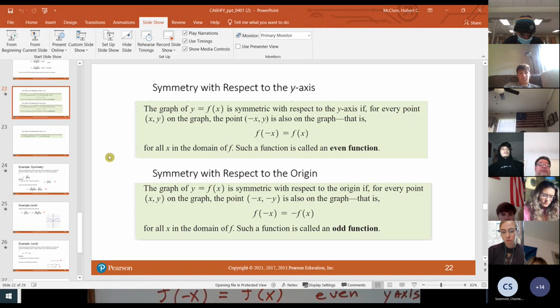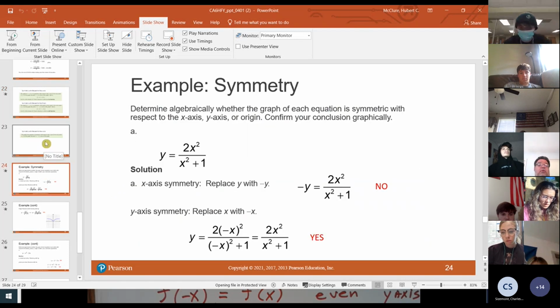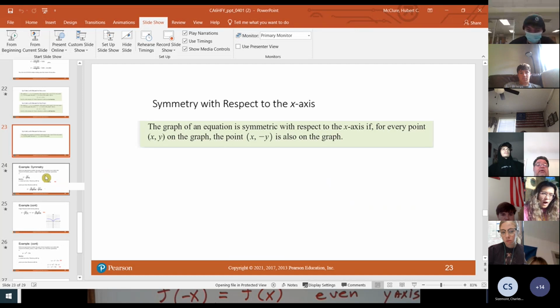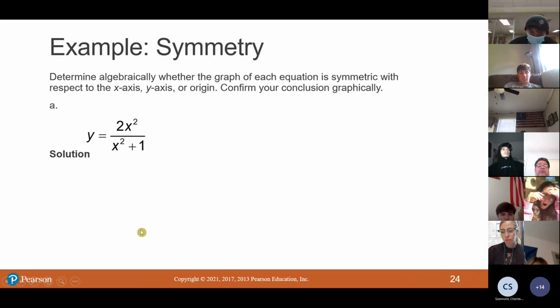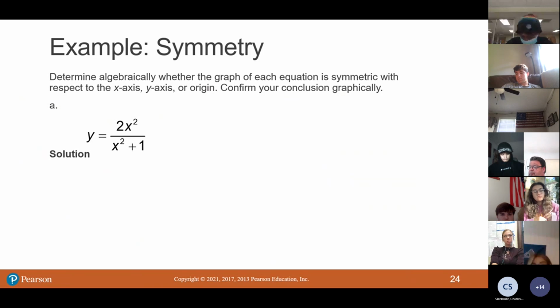So let's see if they give us an example. Yep, there's an example right there. So this is a test question. It says y is equal, or f of x is equal to 2x squared over x squared plus 1.